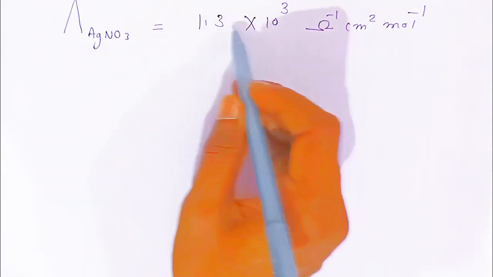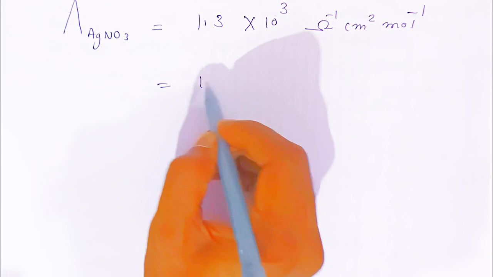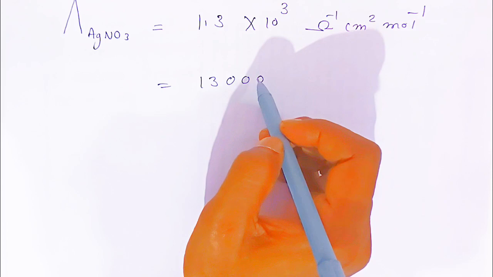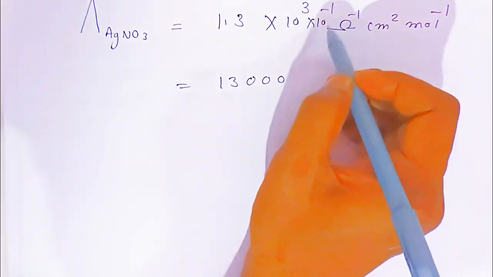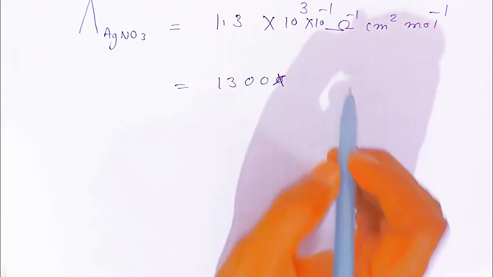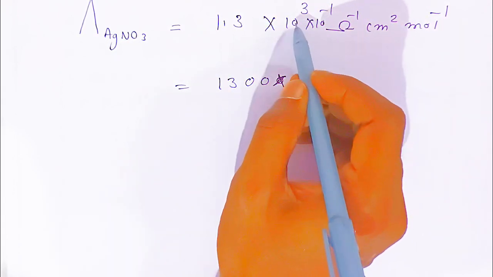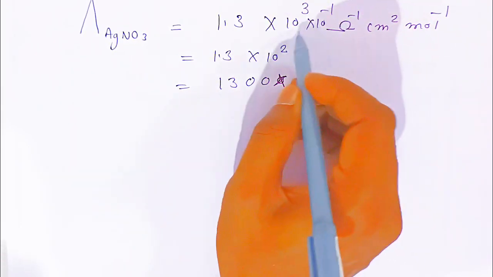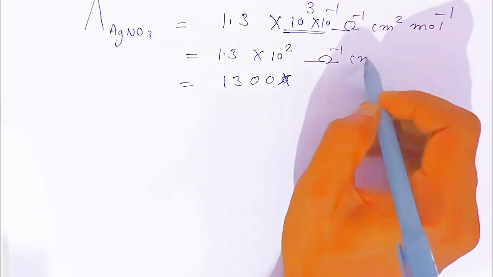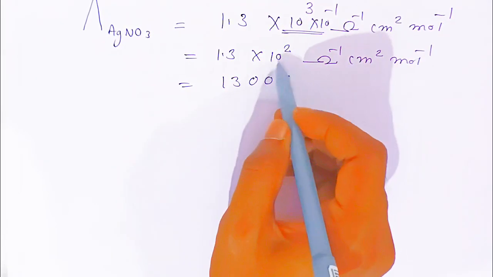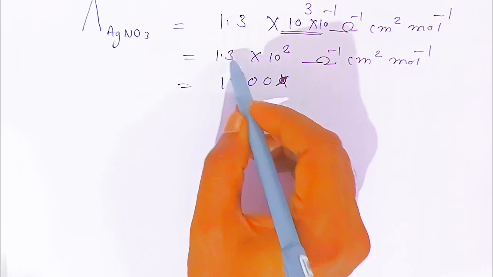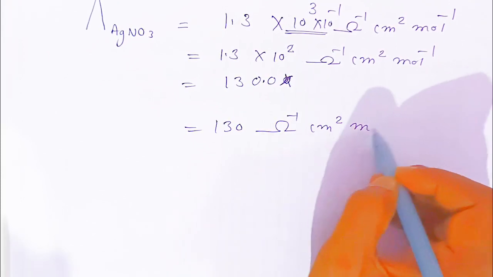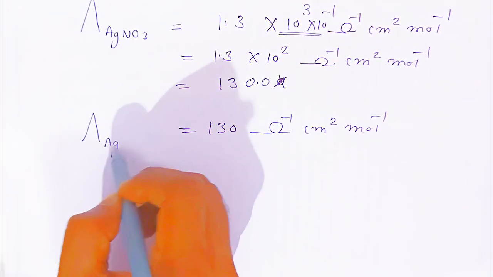Now when you multiply, this is 10 to 3, with the 10 to minus 1 it becomes 10 raised to 2, so this will be 1.3 into 10 raised to 2 per ohm centimeter square per mole. If you multiply 10 raised to 2, put two zeros, so you are getting 130 per ohm centimeter square per mole. Okay students, so this way you have got the molar conductivity of silver nitrate.